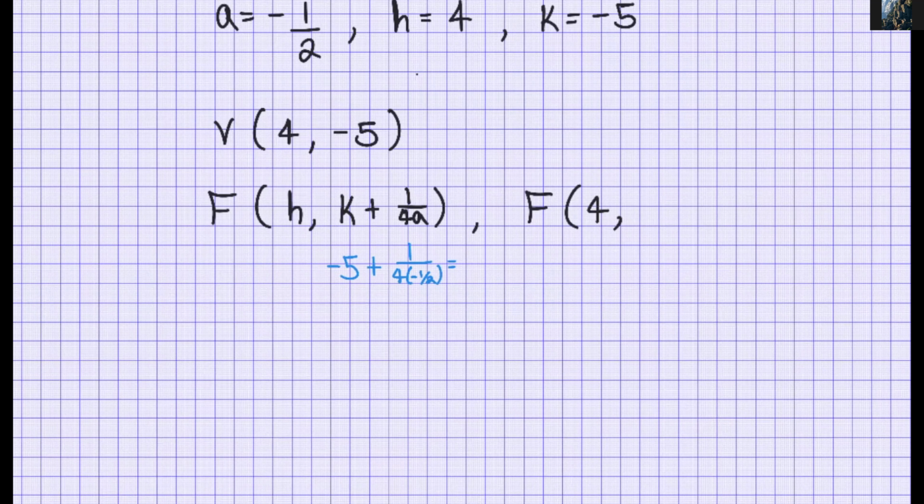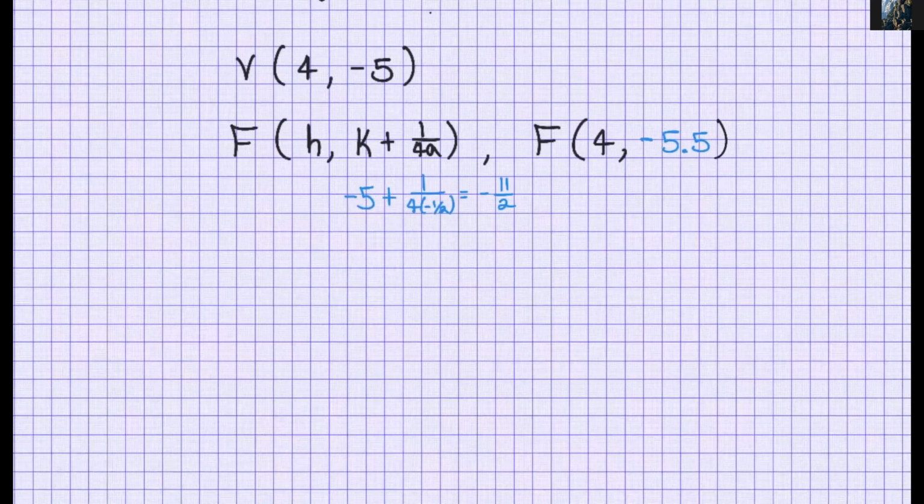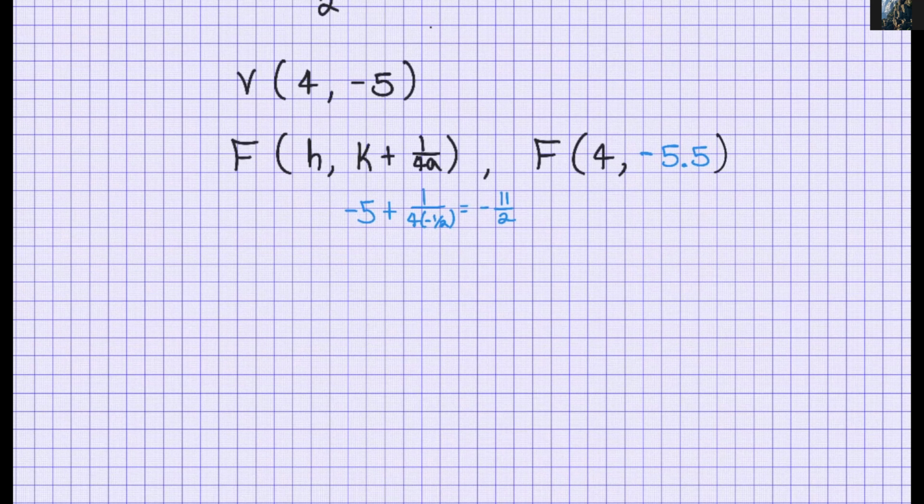If we put this in the calculator, this will be negative 11/2, or in other words, negative 5.5. Now, the axis of symmetry is x equals h, so it'll be x equals 4.